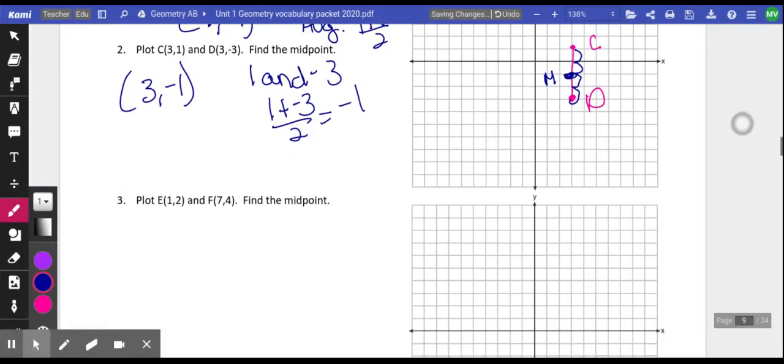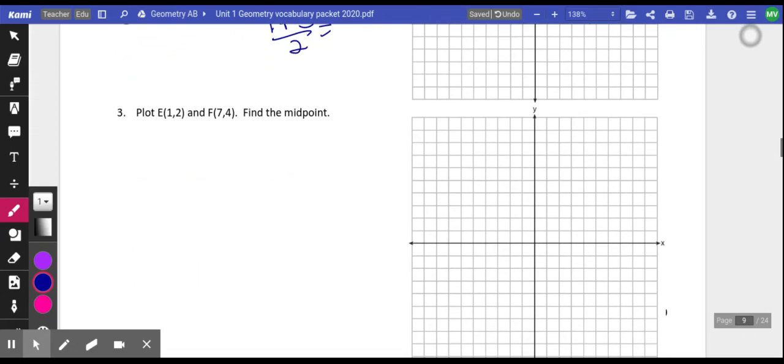So now the question is, what do I do if it's diagonal? So if I plot E and F, I want to find the middle. Well, what I really need to do is find the middle of the x coordinates and the middle of the y coordinates, and that's my new point.